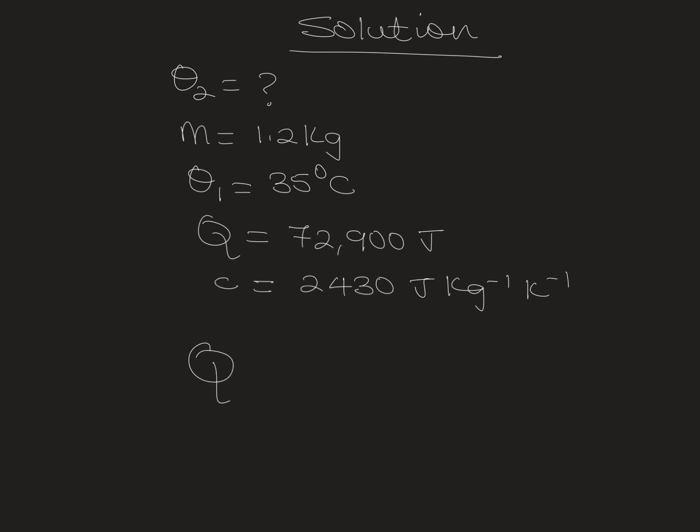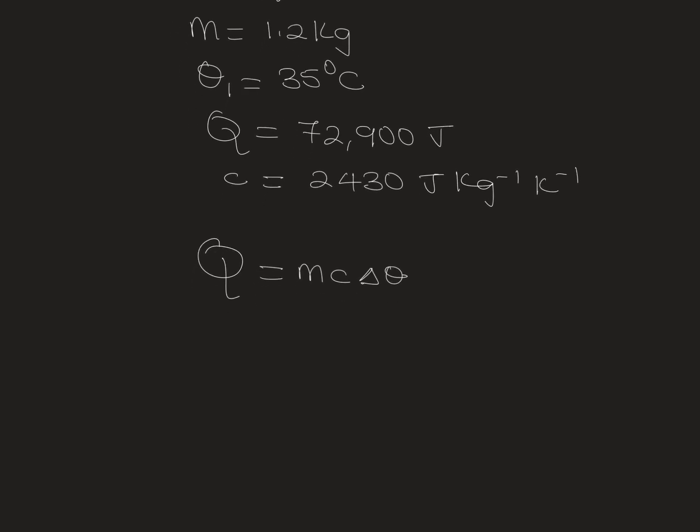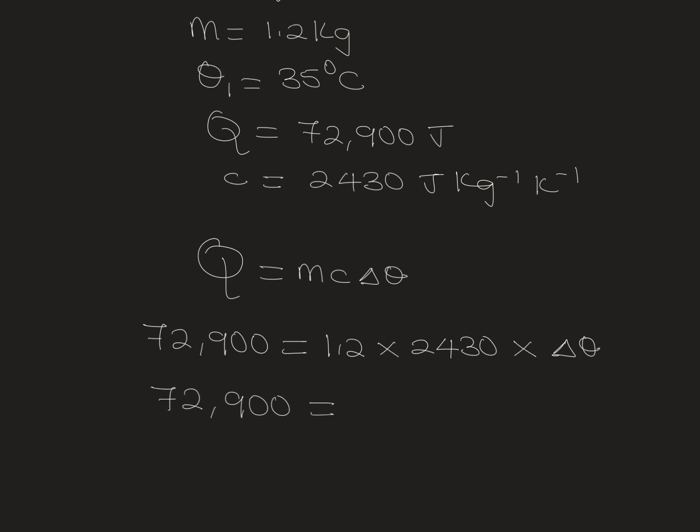We can use Q is equal to mc delta theta. And first, let's try to find delta theta. So what is Q? It is 72,900. This is equal to the mass of ethanol, 1.2, times the specific heat capacity, 2,430, times delta theta. So 72,900 is equal to 1.2 times 2,430, which is 2,916, times delta theta.